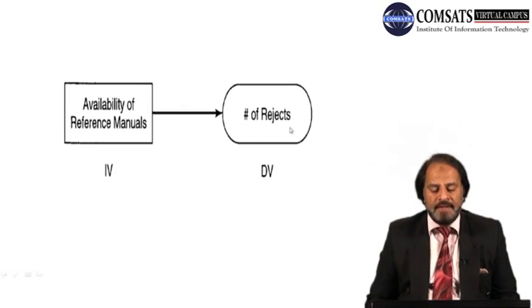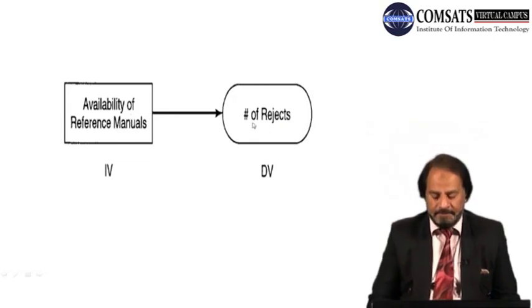In this case, the number of rejects is your dependent variable. The availability of the manuals to run your production systems better is the independent variable. If you have those reference manuals, they will have better production, hence fewer rejects.